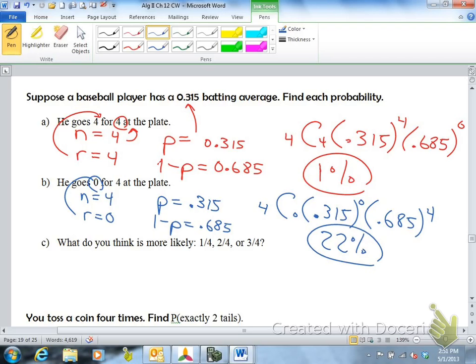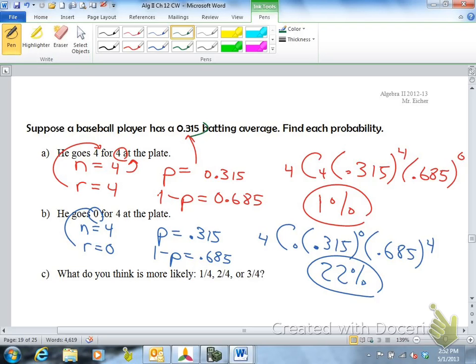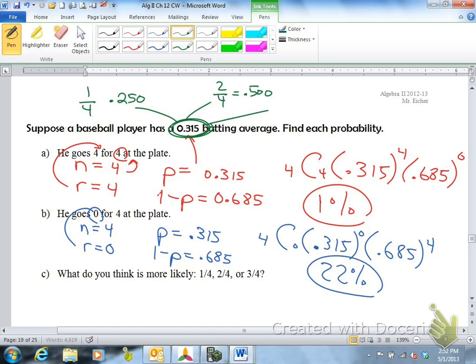What do you think is more likely, 1 for 4, 2 for 4, or 3 for 4? Well, you could think if the batting average is this, 1 for 4, so if we compare, 1 for 4 is this batting average, 2 for 4 is this batting average, and 3 for 4 is this batting average, which would be a really good batting average.